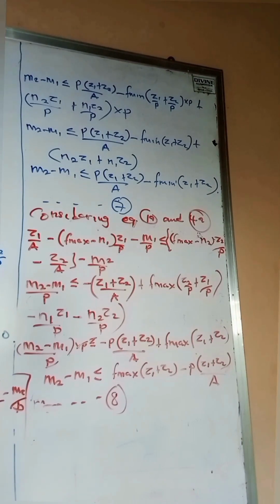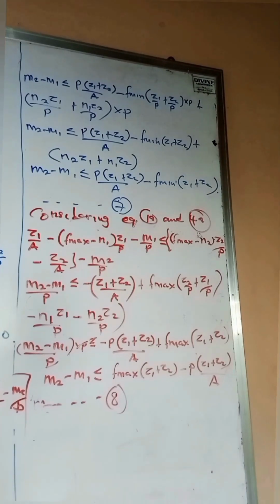So we have these four equations: equation number 5, equation number 6, equation number 7, and equation number 8. With these four equations, we're going to plot a graph showing these equations. We'll be able to determine the solution of the equations, the four equations 1a to 4a.